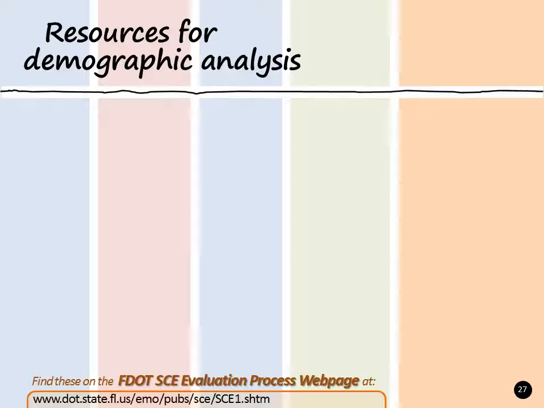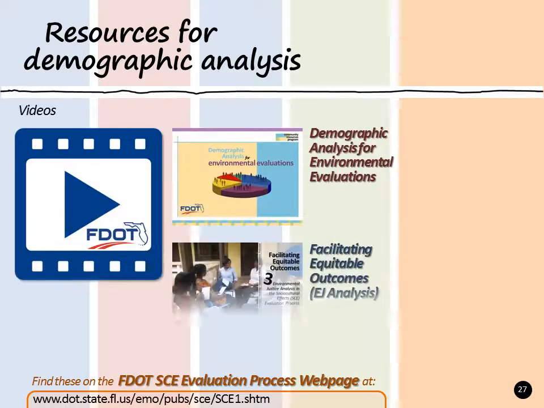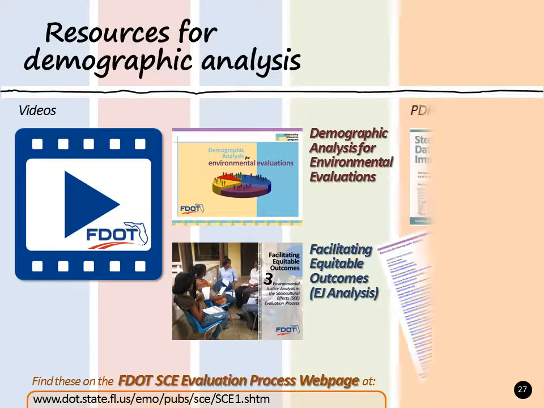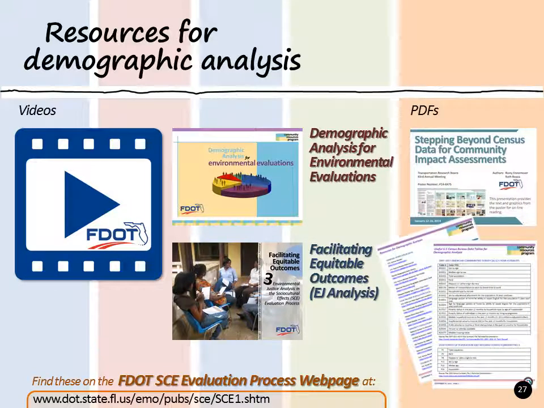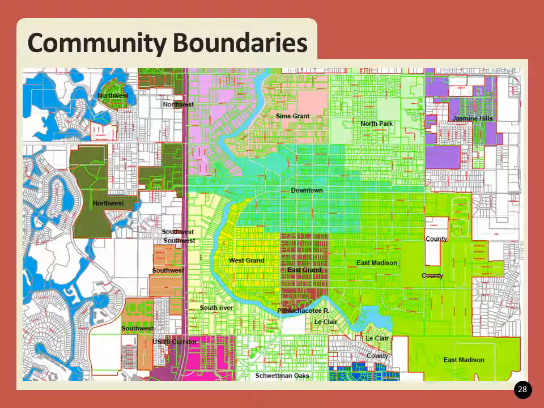More information about demographic analysis is available on the department's SCE webpage, including videos such as demographic analysis for environmental evaluation and facilitating equitable outcomes, and various information resources in PDF. Information on community boundaries, officially designated or otherwise, is collected for the community inventory.